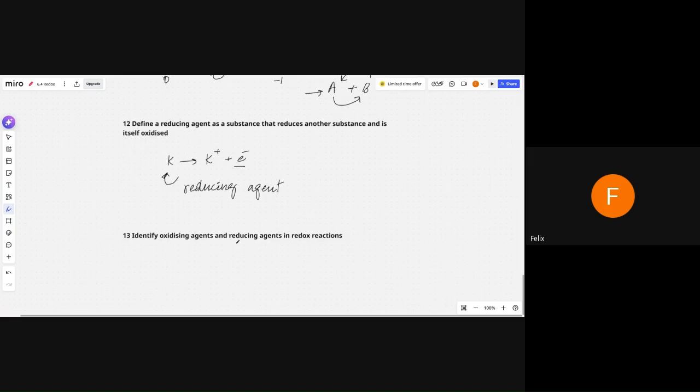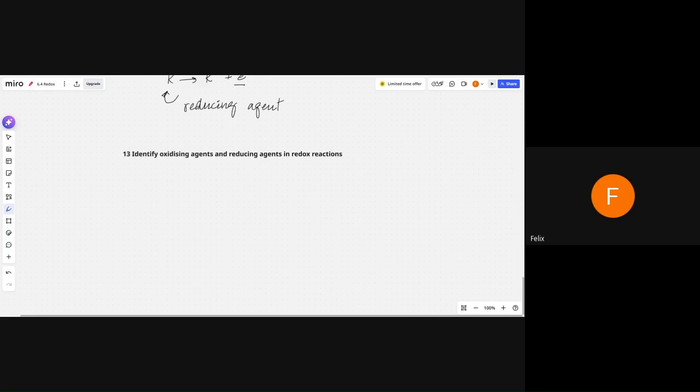Identify oxidizing agents and reducing agents in a redox reaction. When we practice this, it will become more clear. So let me write this equation: Cl2 plus 2KI changing into 2KCl plus I2. Let's see what is happening here.